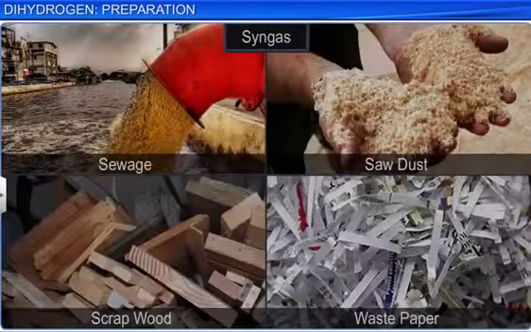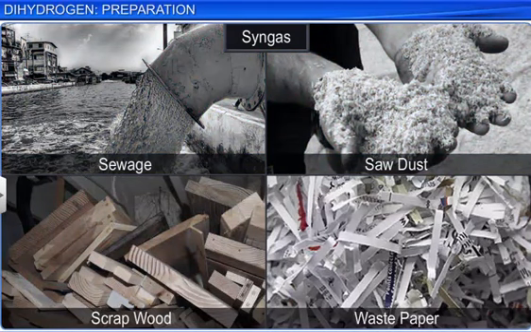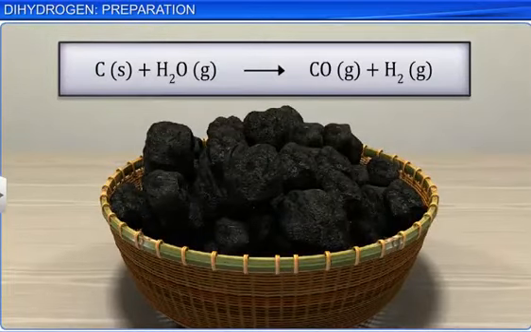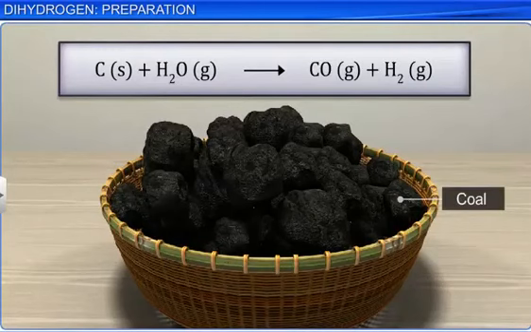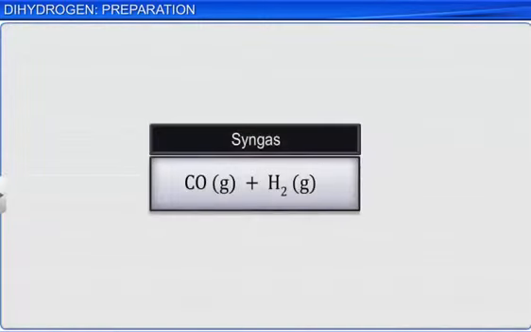Syngas is also produced from sewage, sawdust, scrap wood, waste paper, etc. When syngas is obtained by the reaction of steam on coal, the process is known as coal gasification. It is difficult to separate dihydrogen from syngas.